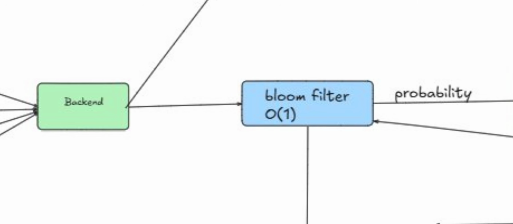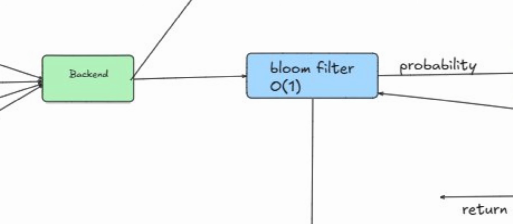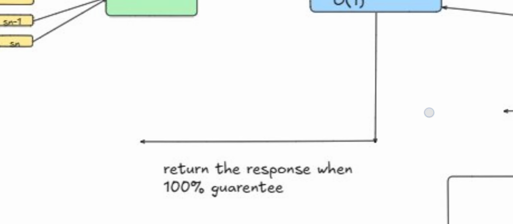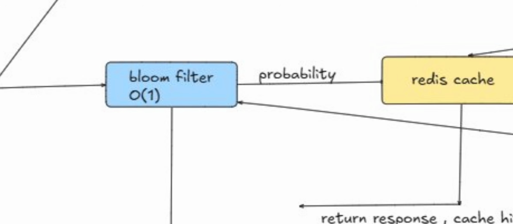But we know Redis Bloom filter is a probabilistic data structure, right? So if Redis Bloom filter says, hey, this data is not present in my set, that is 100% guaranteed, right? So if that condition comes, we return the response. But when Redis Bloom filter says, hey, this data might be present in our system, that's a probabilistic condition. Now why does this probabilistic condition come into the picture?